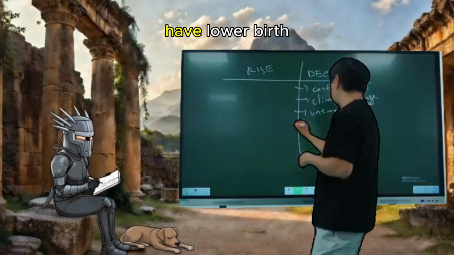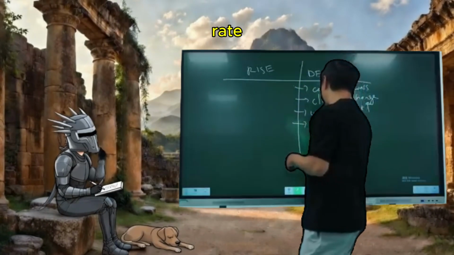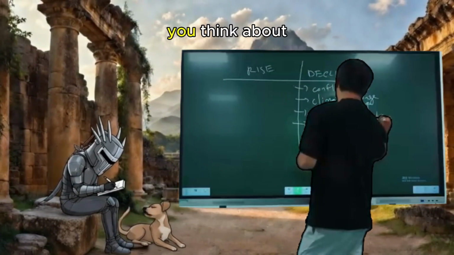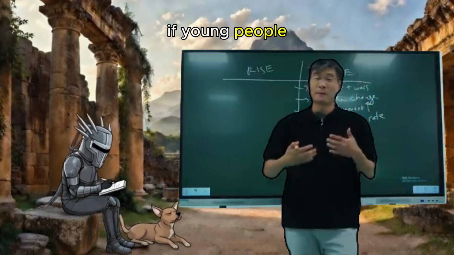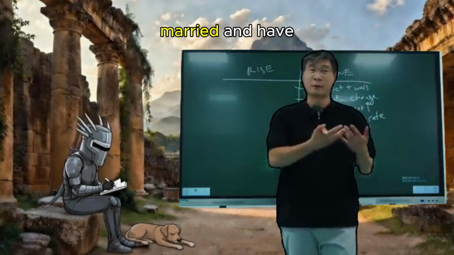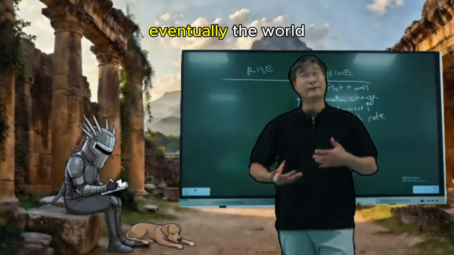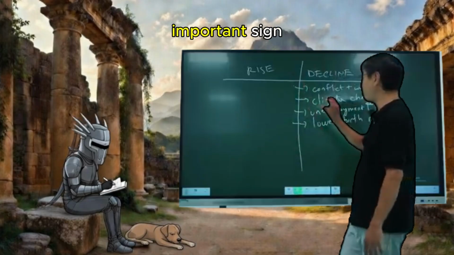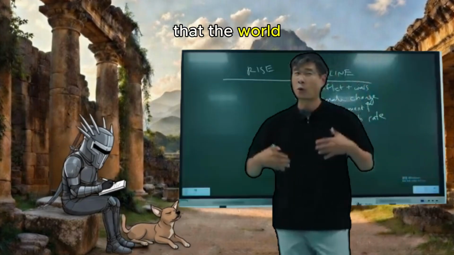So also you have lower birth rate. And this is a very important sign, right? Because if you think about it, if young people refuse to get married and have babies, eventually the world is going to die off, right? So this is actually a very important sign that the world is in decline.